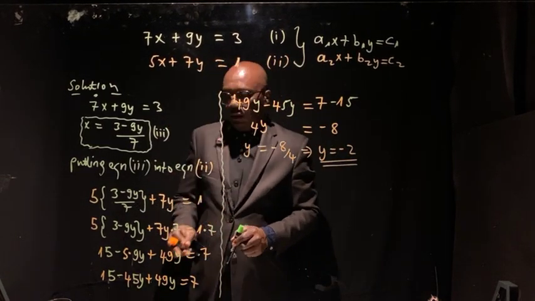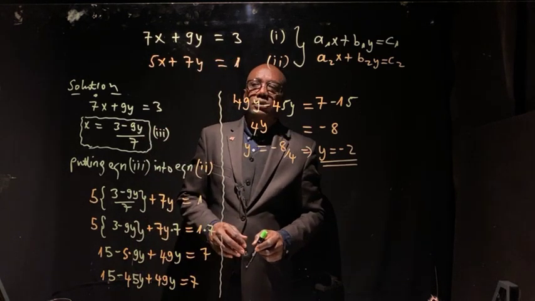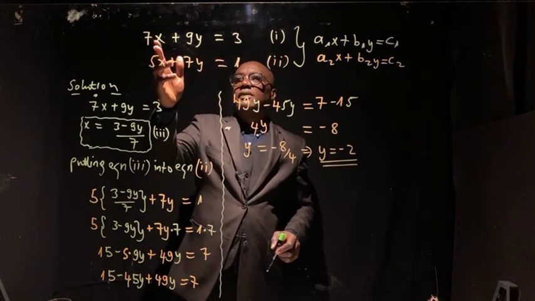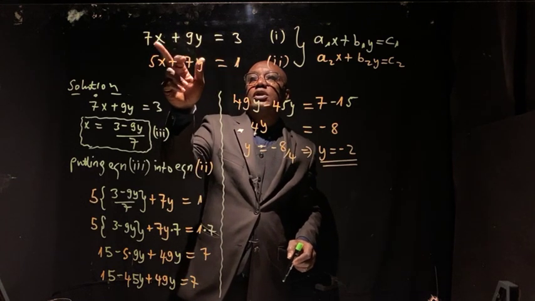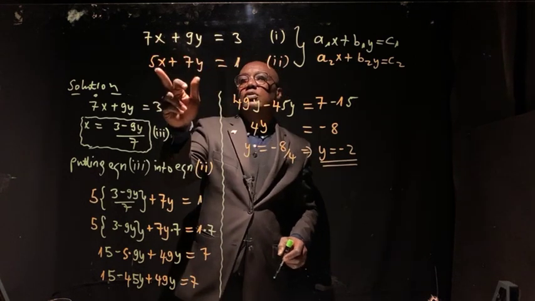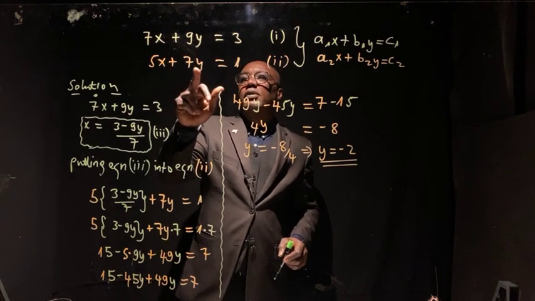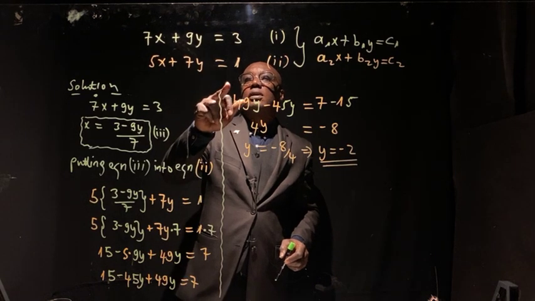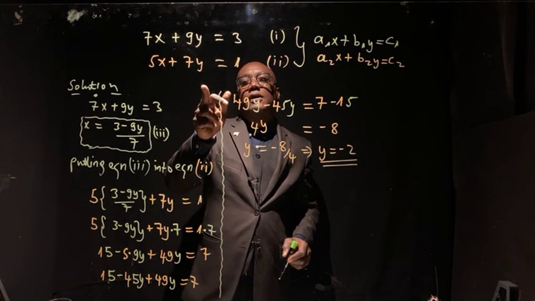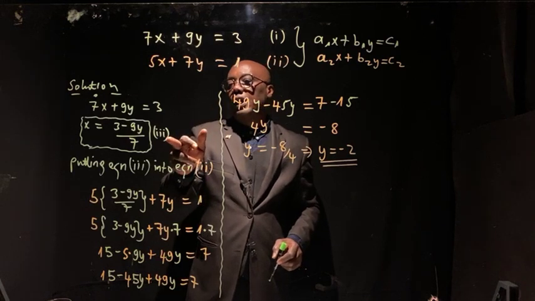Now, we can also find the x value. As we know the y value, we can find the x value by putting the y into any of these equations. You can do it in equation 1, you can do it in equation 2, and you can rearrange it to have the x value. But remember, you've done a wonderful job before, and that was equation 3.